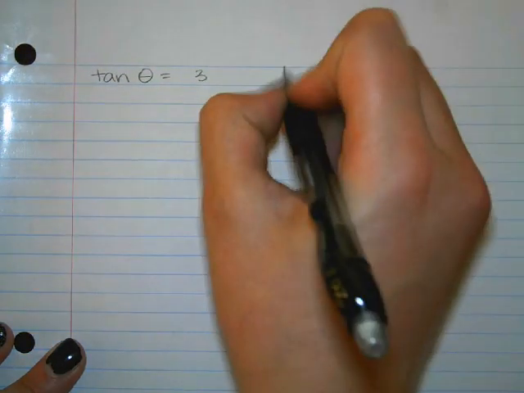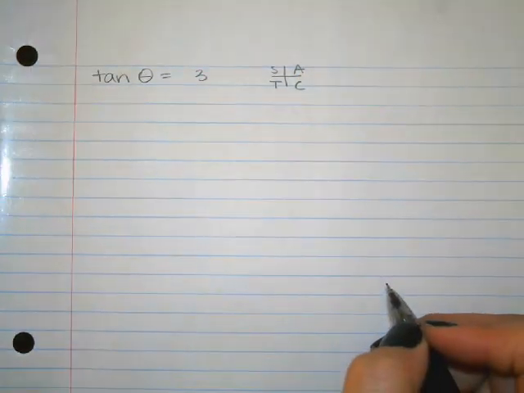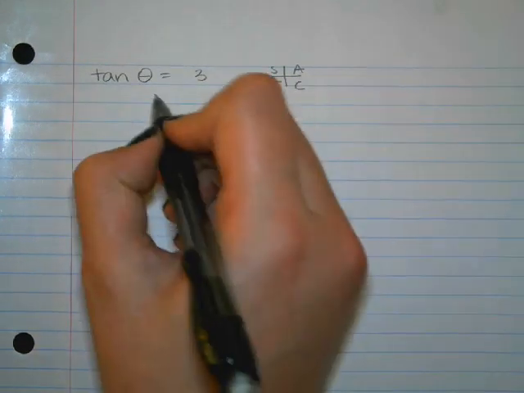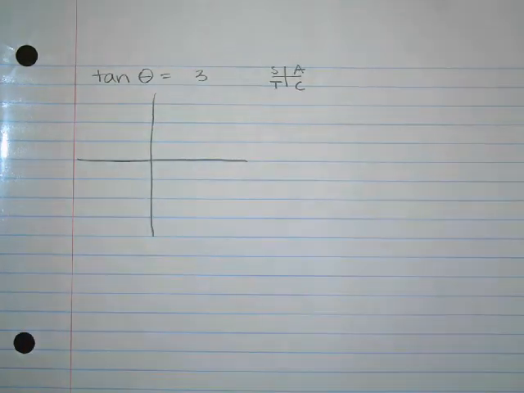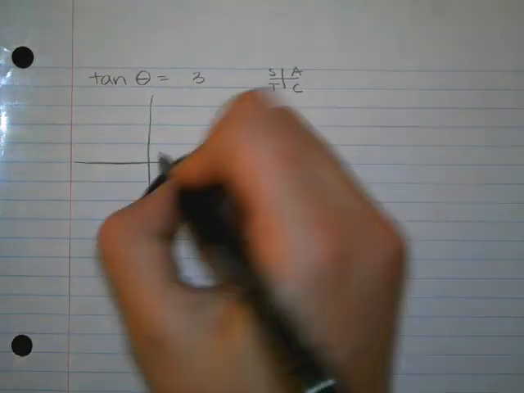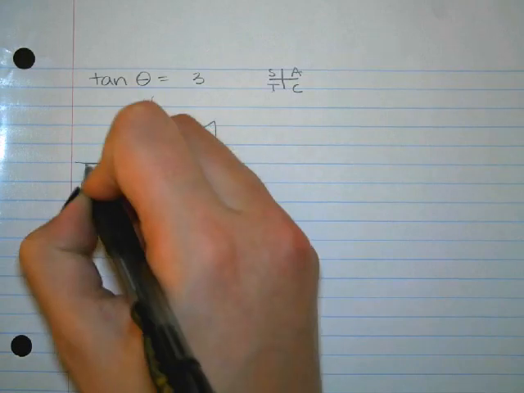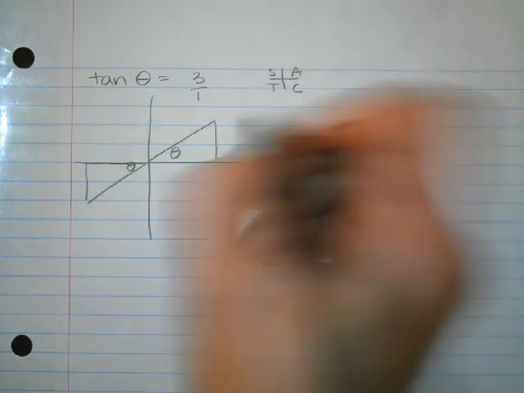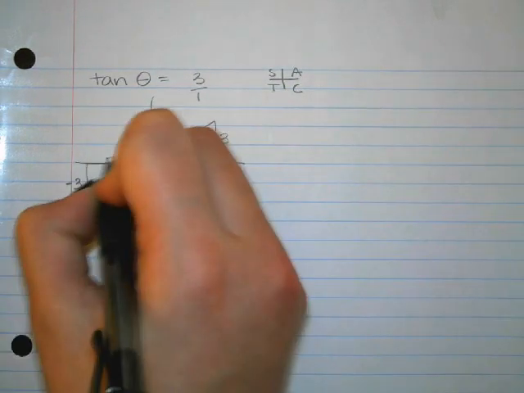If I think about "all students talk constantly," tangent is positive in the first quadrant and the third quadrant. So here's the first quadrant, there's the third quadrant. We have opposite over adjacent, opposite over adjacent, opposite over adjacent.